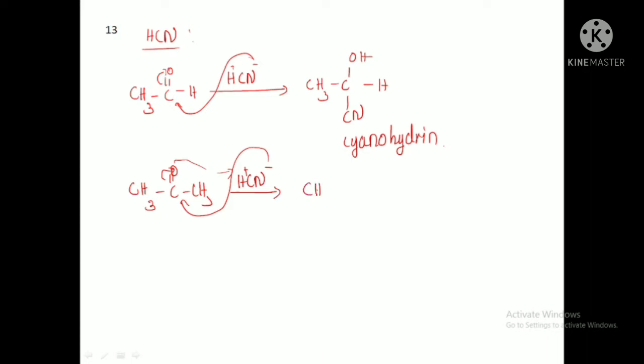So I will get CH3 C(OH)(CN) CH3. That is cyanohydrin. So aldehydes or ketones on reaction with hydrogen cyanide give cyanohydrin. Very easy reaction. You should know which one is the nucleophile. That's all.